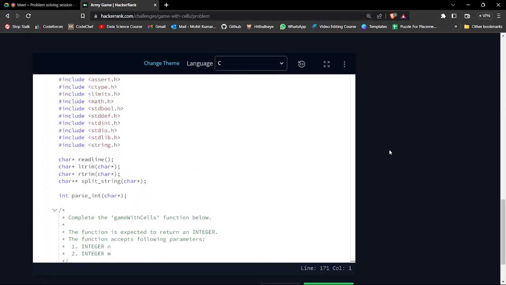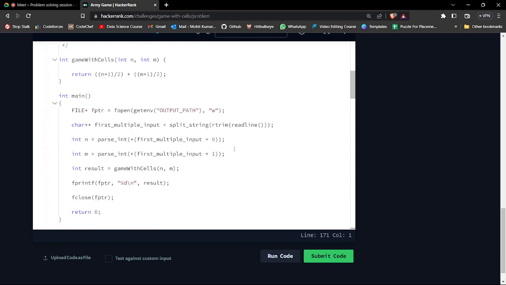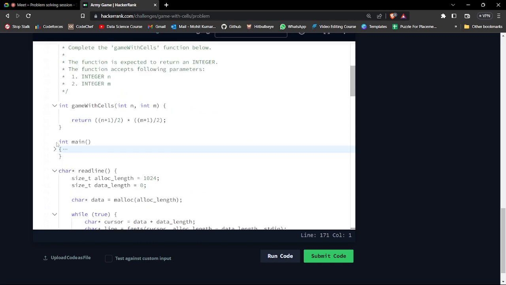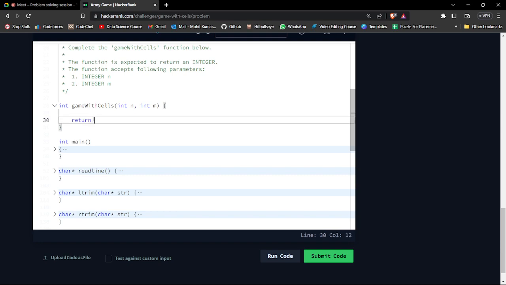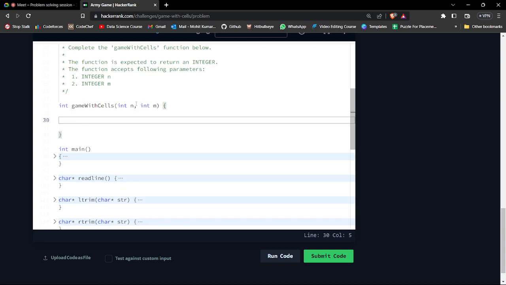The coding part will be using the C language. Okay, so now coming to the coding part, we'll be getting two values, that is n and m. N is for rows and m is for columns.